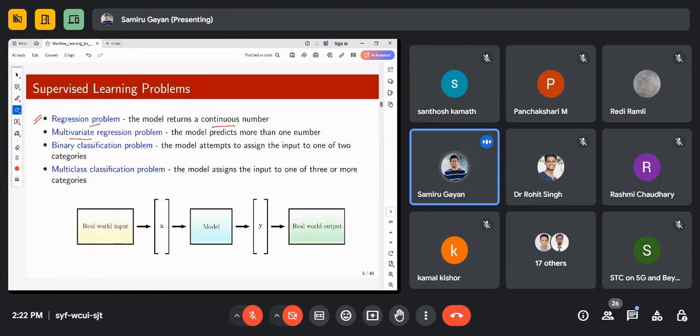Binary classification means the model attempts to get a yes or no type of answer. That means you try to classify into two categories. If you input a picture to the model, the model says whether it's a cat or not. Or if we give an answer, it says right or wrong. Like that, it's a binary classification.